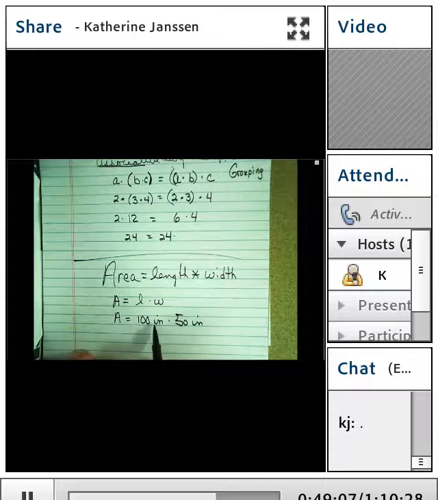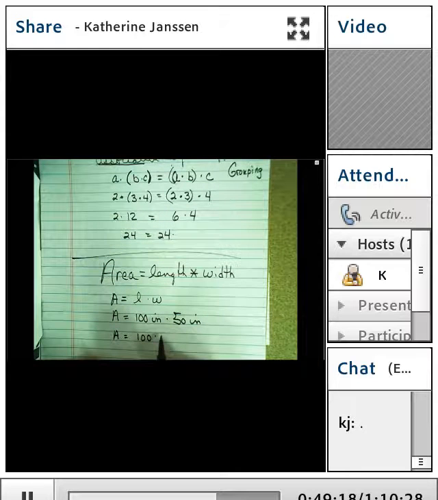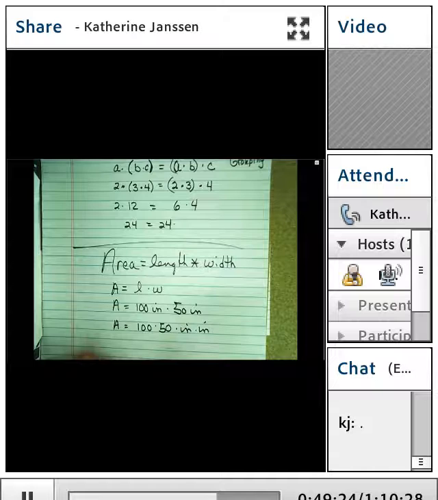Now I have my unit measurements here. Remember that in multiplication we can change the order, doesn't matter. So I'm going to collect my constant values together and get my labeling items together. So now I have area is equal to 50 times 100.